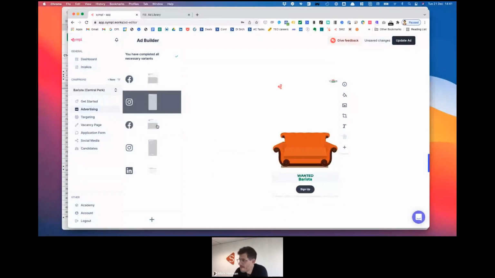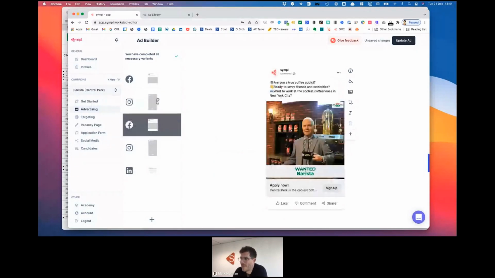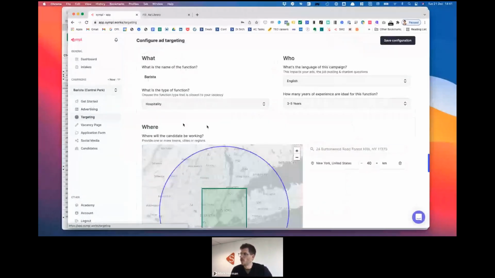And very, very important, you can also add different visuals. The only thing you need to do is add different visuals, add different texts, and our software will automatically do the A/B testing in the background, checking which one of your advertising is working best. We have a very easy way to define your targeting.